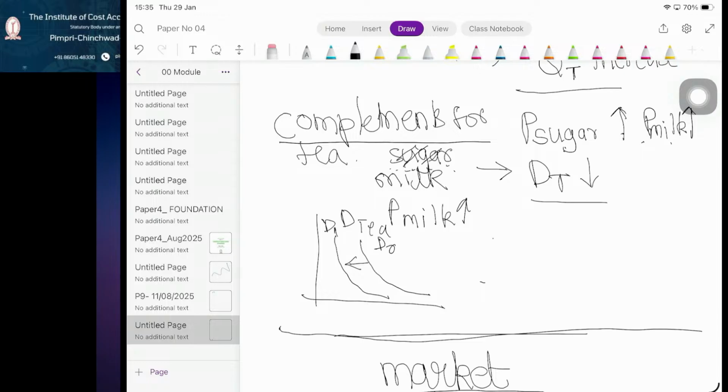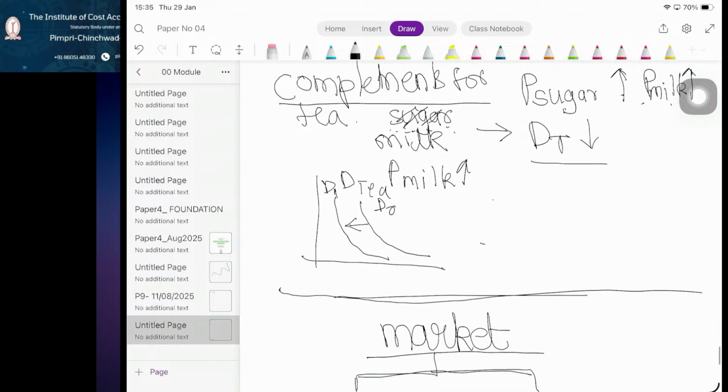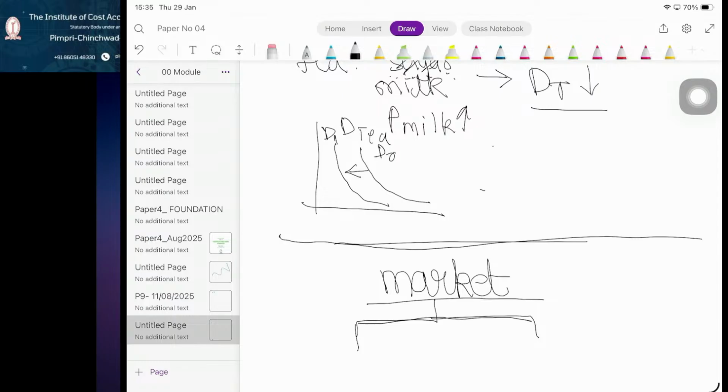That is what I meant. Have you got this? Let us wait for the online students to make their comments and then we'll proceed. You all have got this? Okay.